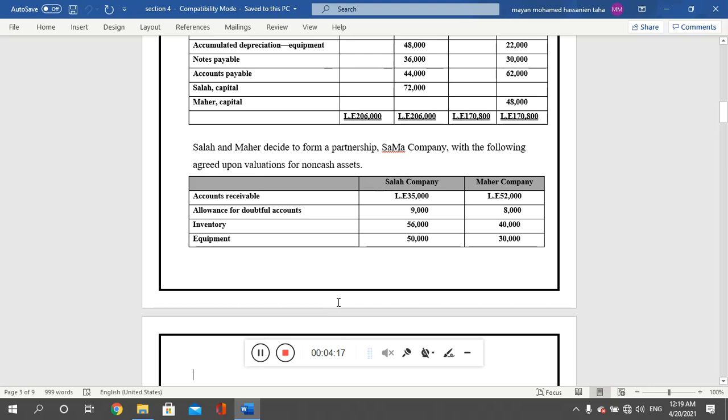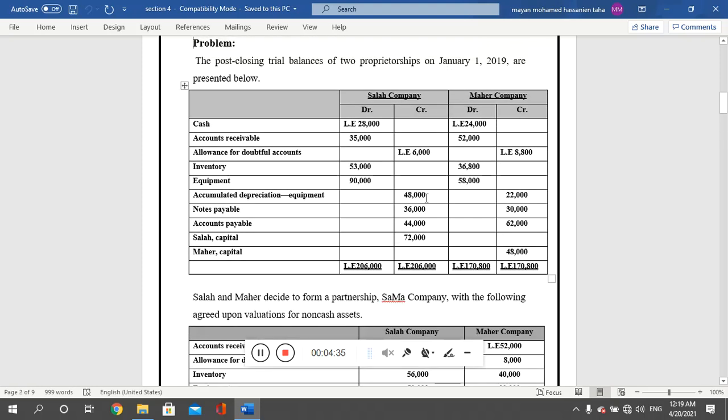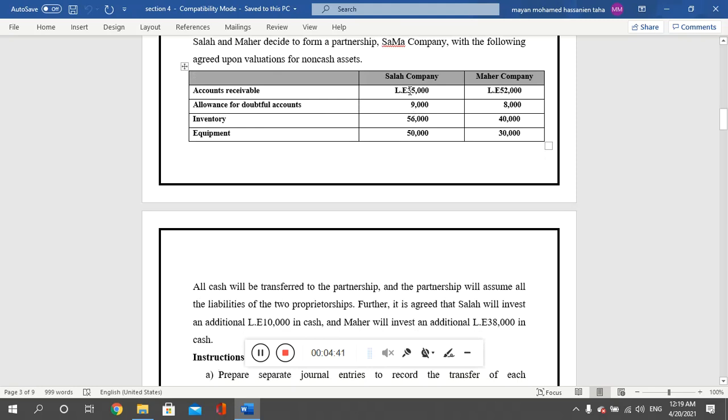They made a new valuation for the non-cash assets. Accounts receivable for Salah will be $35,000. No change in the accounts receivable: it was $35,000 in the trial balance, and after valuation it is also $35,000.